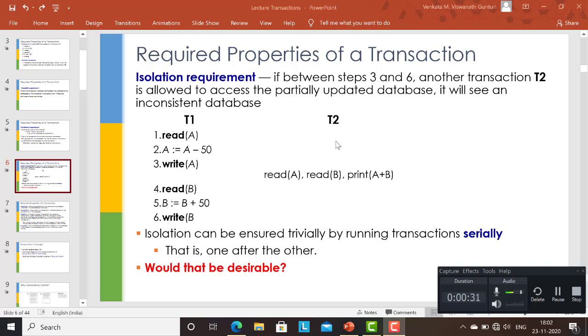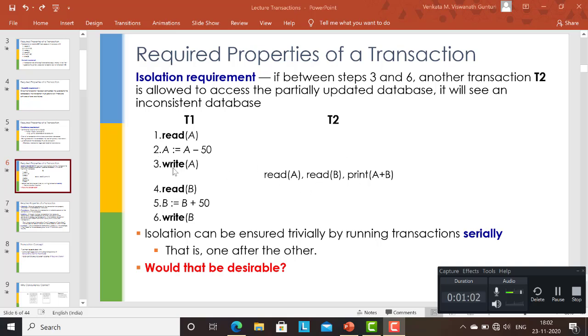You have two transactions, T1 and T2. In T1, I'm reading this value A, subtracting something, then writing it, then reading B, adding 50, and then writing B, right? This was our old example of transferring $50 from A to B, right? And then there is another transaction T2 which wants to read data item A and then read data item B and then print A and the sum of A plus B, right?